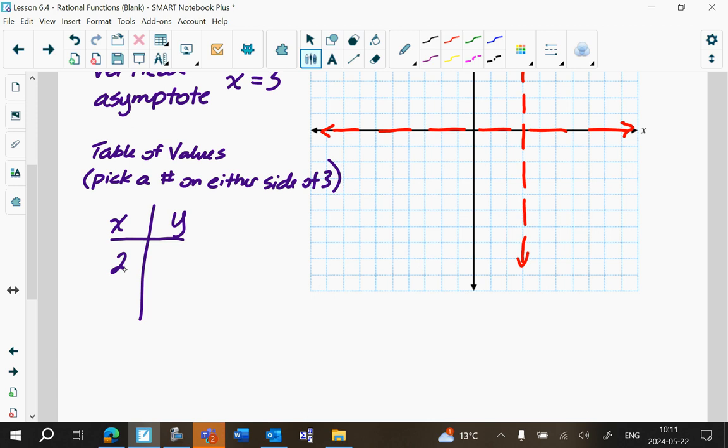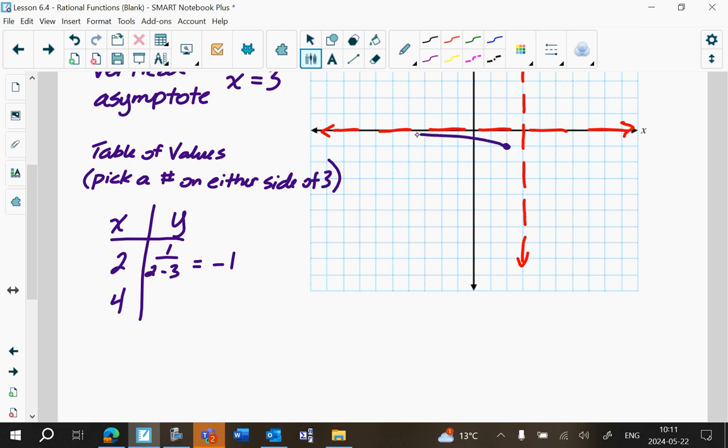So if x is 2, then y is going to be 1 over 2 minus 3, which is what? -1. So 2, -1, there's a point. And then don't I just draw it like this? I know what the shape is going to look like.